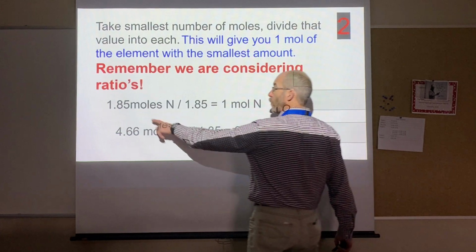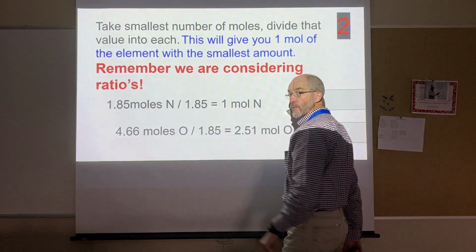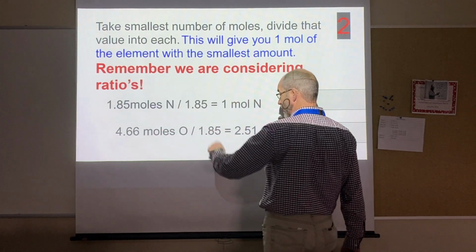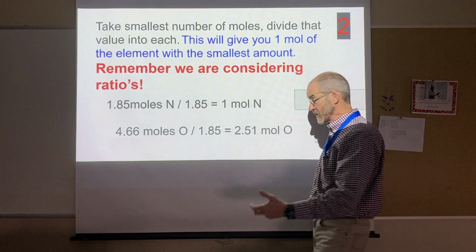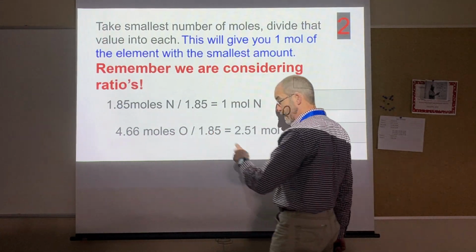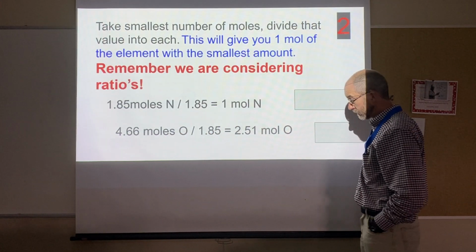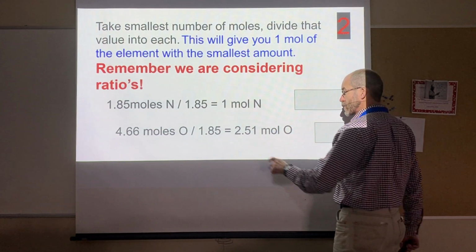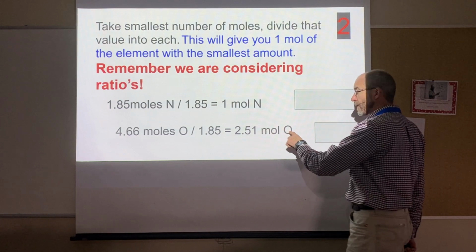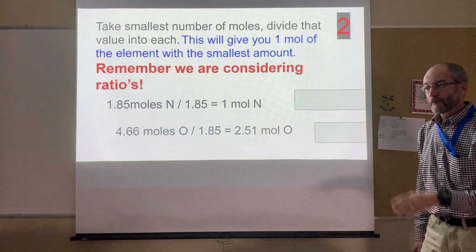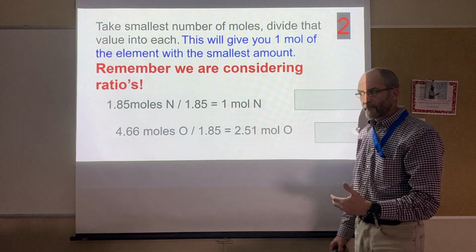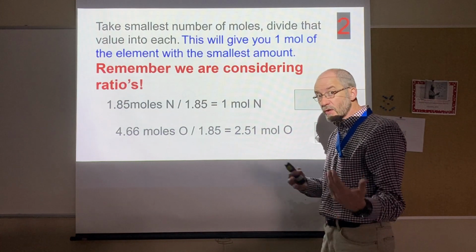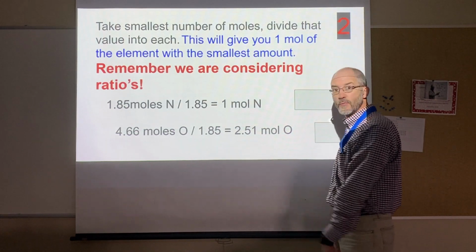So we're going to take 1.85 moles of nitrogen and we're going to divide by 1.85. We're going to take our 4.66 moles of oxygen and we're going to divide by 1.85. And when we do, we're going to get 1 mole of nitrogen versus 2.51 moles of oxygen. So we're simplifying. But the problem is, and I think you're smart enough to see this, we can't have a 2.51.